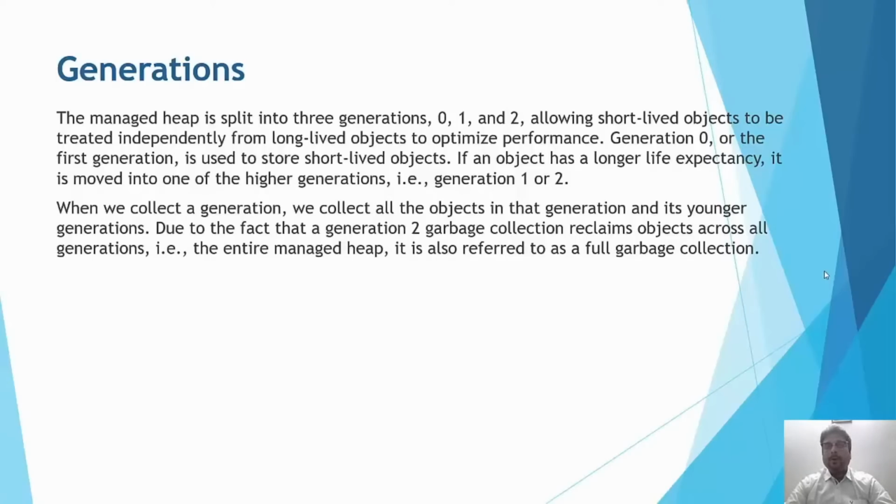The short-lived objects, the objects that will be in memory for a shorter period of time, are usually created in generation 0. Objects are promoted to generation 1 if they survive a garbage collection cycle.